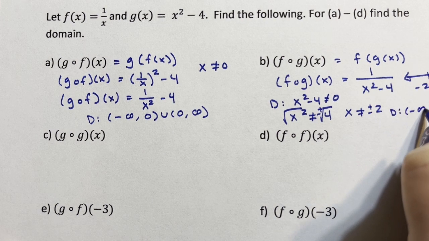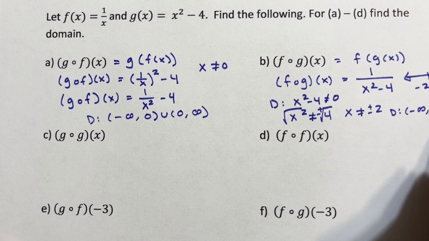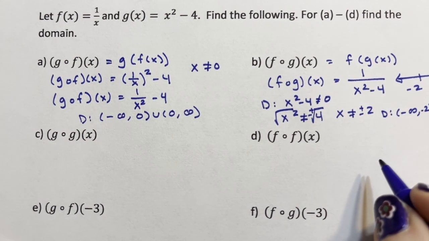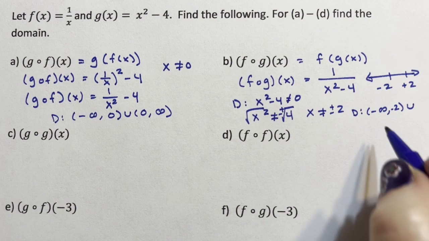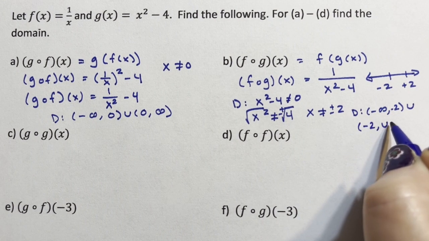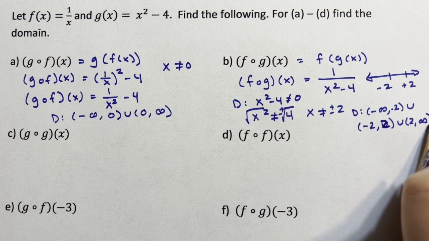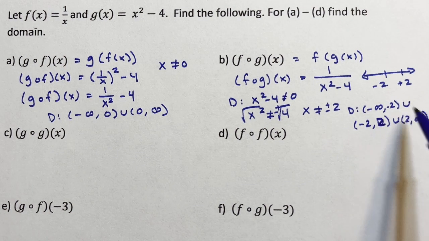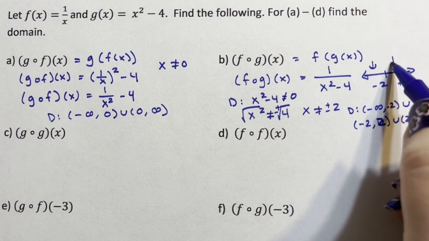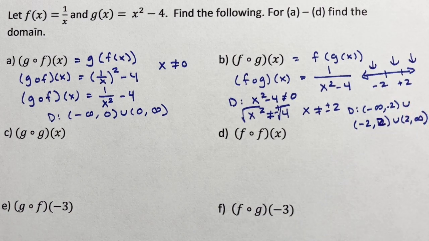It can't be negative infinity to negative 2 joined with negative 2 to 2 joined with 2 to positive infinity. It has 3 parts, so we have to do this part, and this part all joined together.